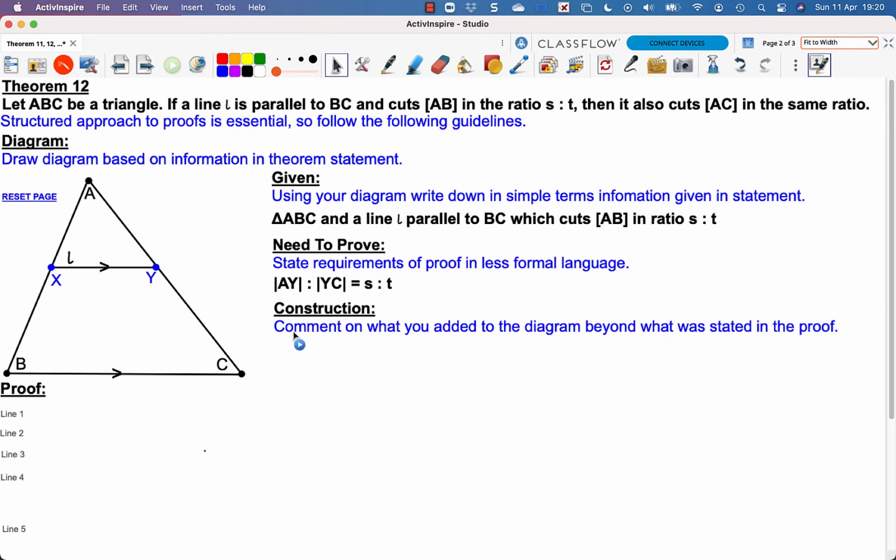Now, construction. This is Theorem 12, and if we can use Theorem 11 to prove Theorem 12, then our job is made an awful lot easier. What do we know about Theorem 11? We know that we had 3 parallel lines, 1, 2, 3, and we were told each section between the parallel lines was equal length.